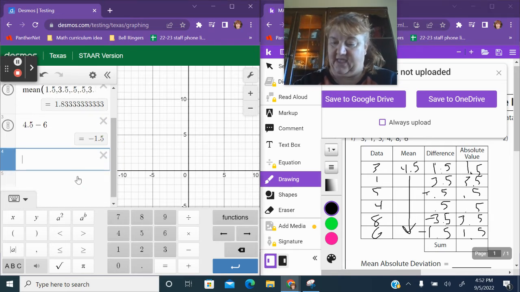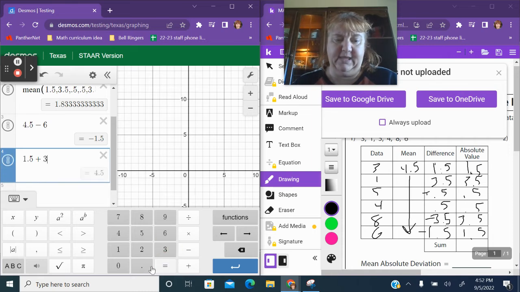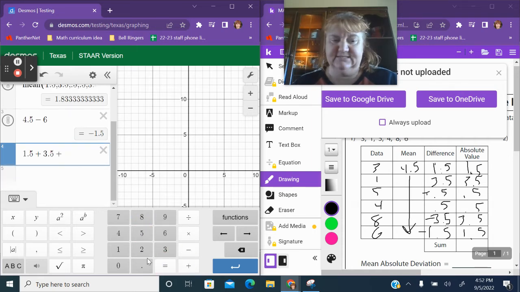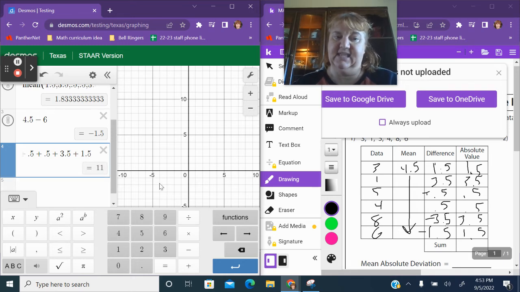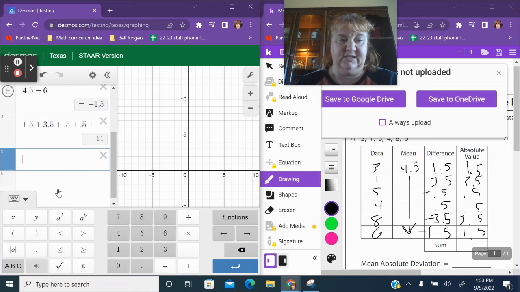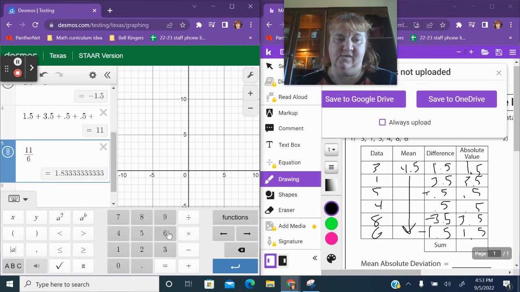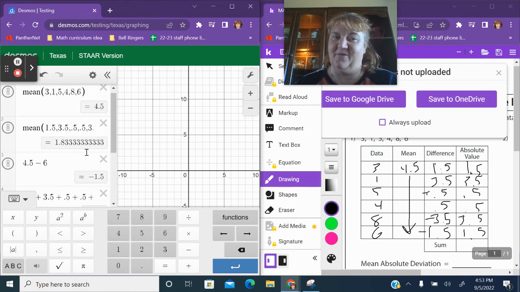Let's add them together: 1.5 plus 3.5 plus 0.5 plus 0.5 plus 3.5 plus 1.5 equals 11. And then we're going to take 11 divided by 6. And there's our answer, and that's the answer we got right there.